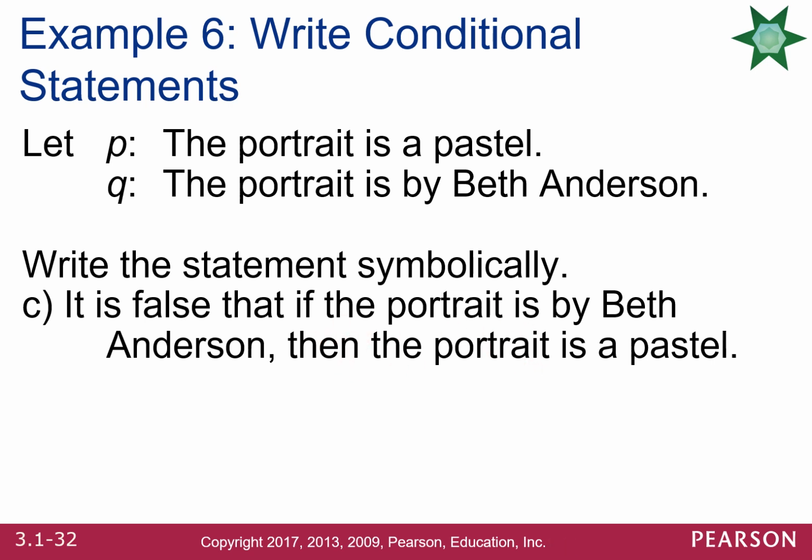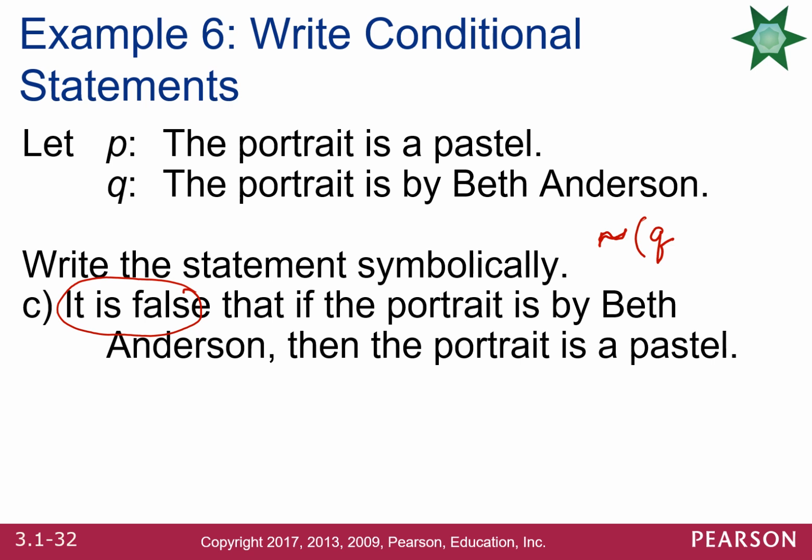So the way we are going to write it, is false is going to be denoted by the tilde. So there's going to be the tilde to denote it as false. And then if the portrait is by Beth Anderson, so again, Q is the antecedent here. So not, and then we are going to use brackets, then put Q, which is the antecedent, the idea that comes after the if but before the then.